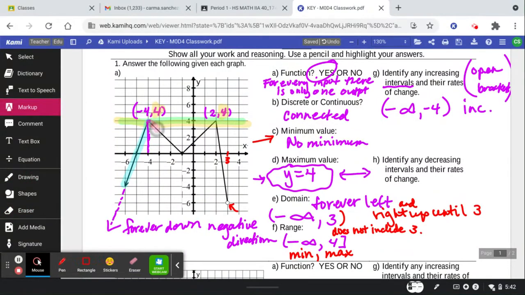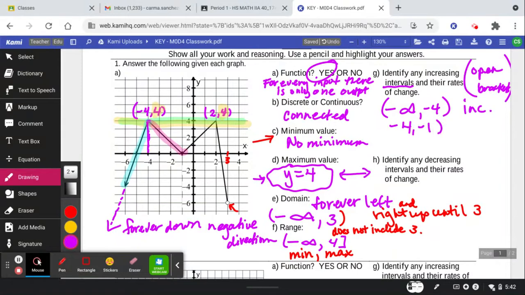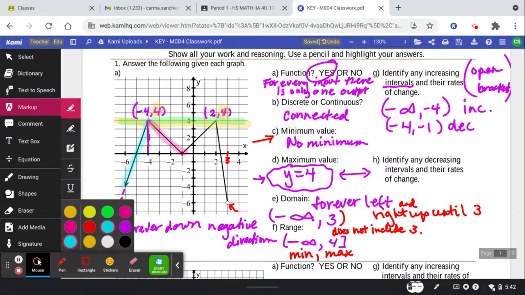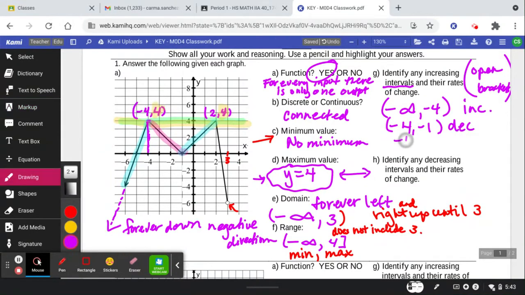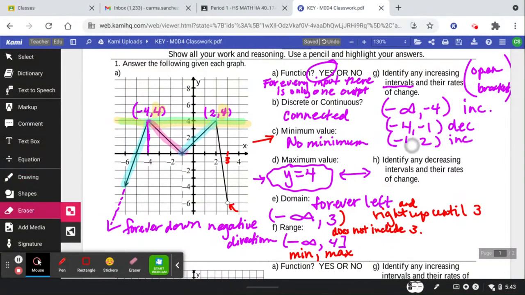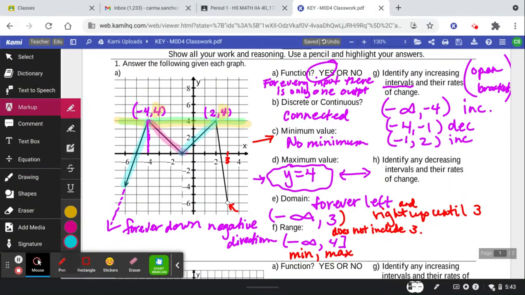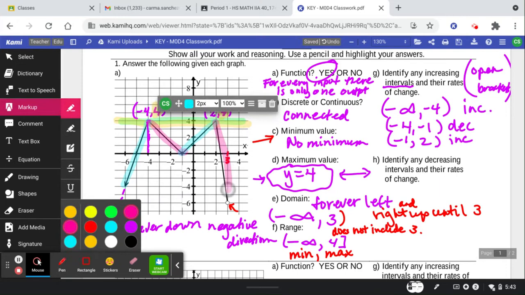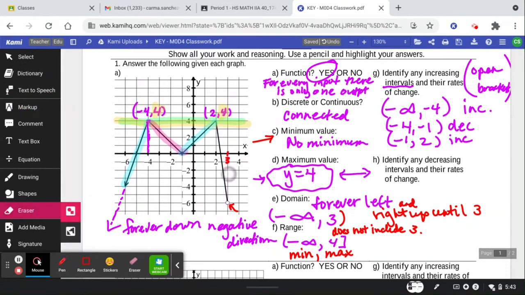Do you see that it's now decreasing from -4 to -1? Then it's increasing again right here from -1 to 2. And then finally, it's decreasing one more time from 2 to 3.